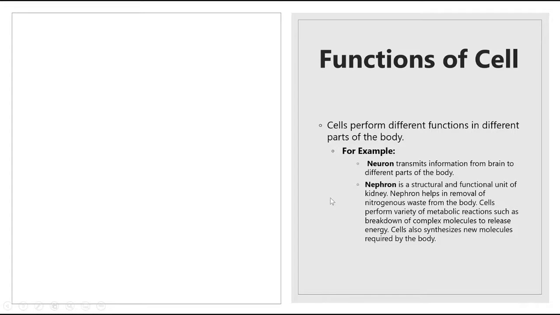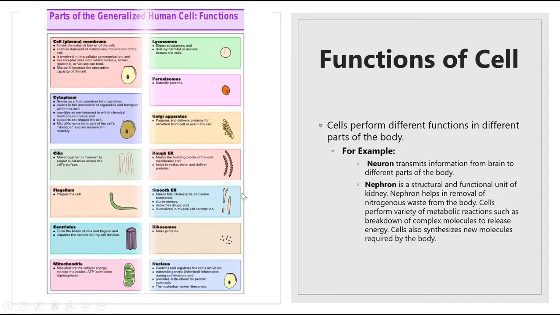Now, functions of the cell. The cells perform different functions as we have discussed just now, and examples of cell names are very important to understand the questions. For example, the neuron transmits information from the brain to the different parts of the body.